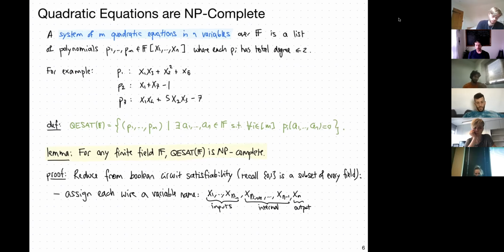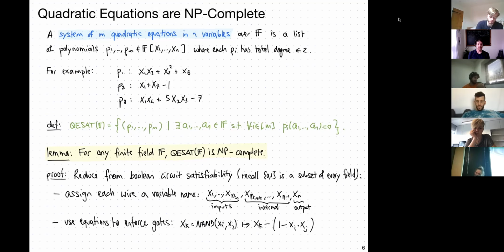What we can do is take the wires of this circuit and give each one a name. So we have the inputs, we have this internal computation, and some output. Now we can use equations to enforce gates.